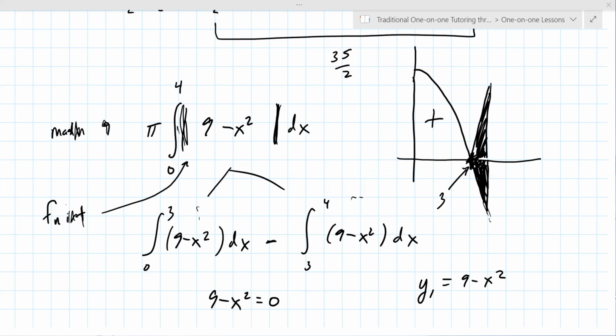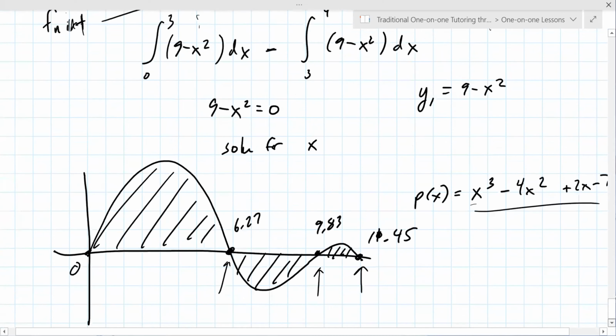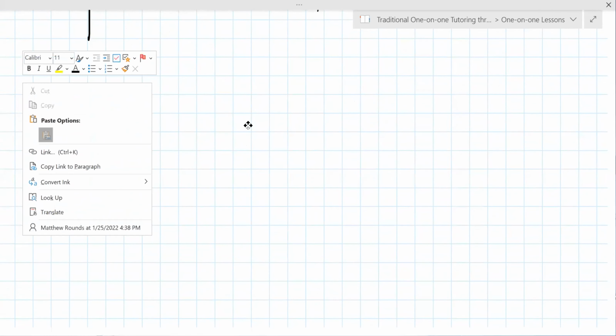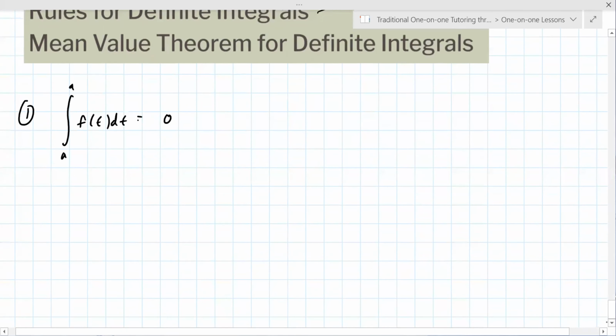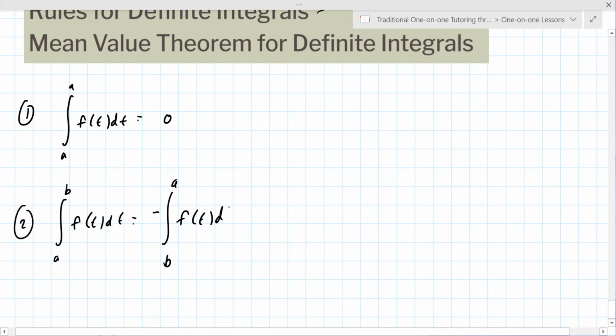Okay, so the next slide here says rules for definite integrals. Let me snip that in. I really don't know what that's referring to, but I think it's things like the integral from a to a of f of t dt is 0. Another one was the integral from a to b of f of t dt equals the negative of the integral from b to a of f of t dt.